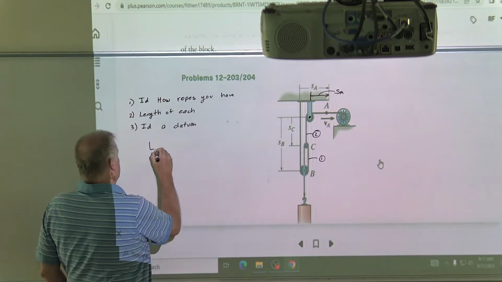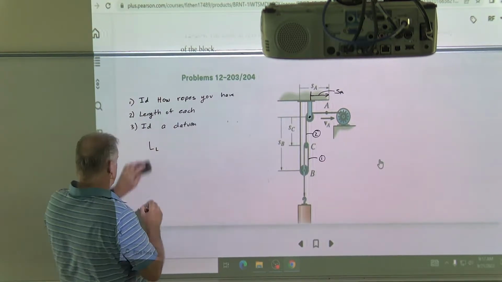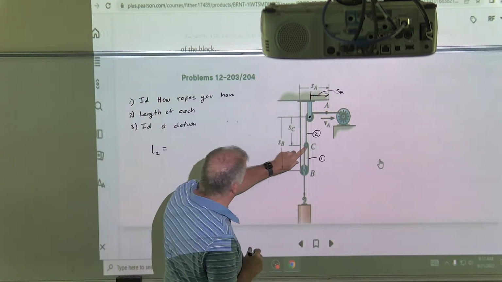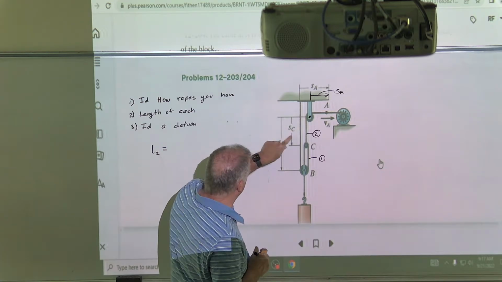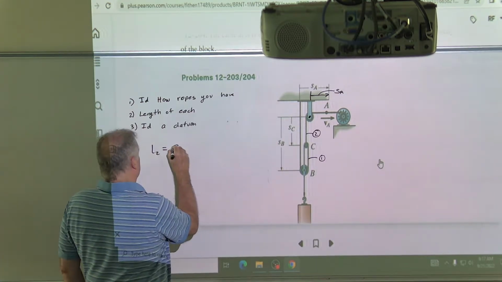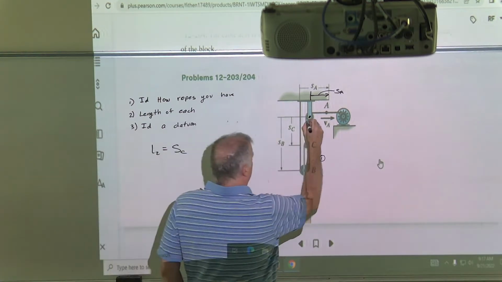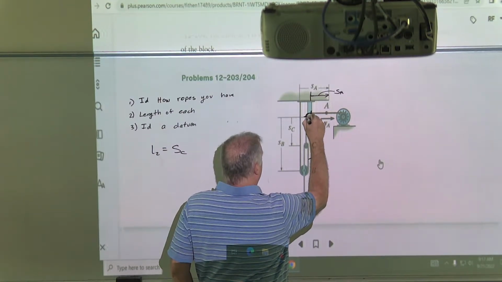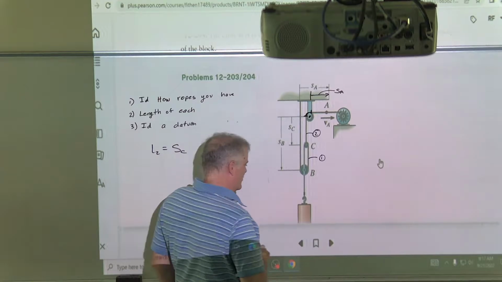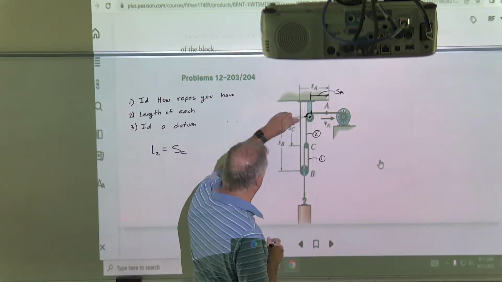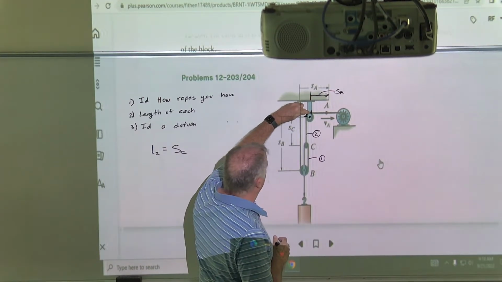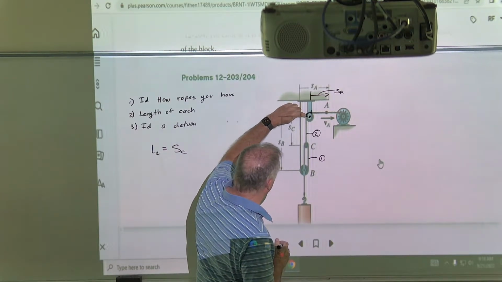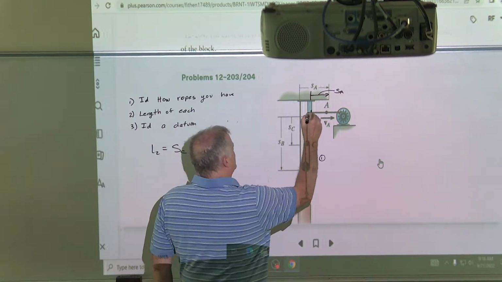If you look at the length of rope 2, you just lay them out. What's the distance from here to here? Well, it's SC. And then there's this part right here, which in the book he'll label in red. I could have done it in green, because I have a green marker. But this little part here, even as this thing moves around, the distance from the top of that to here remains fixed.